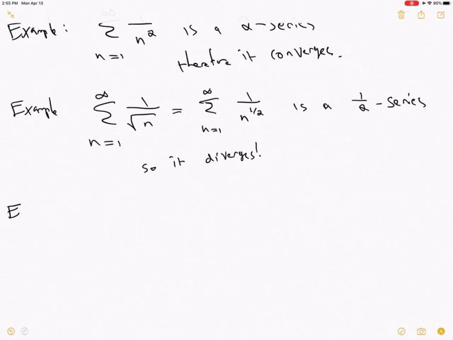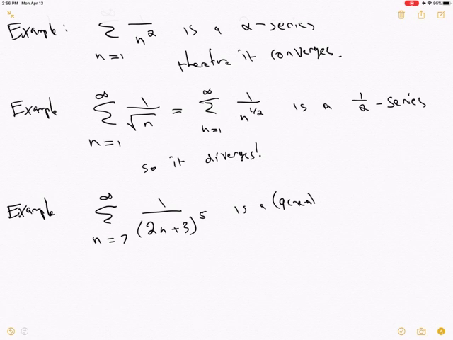And let's do an example of a general p-series. Let's say summation n goes from 7 to infinity of 1 over (2n plus 3) to the 5th power. This is a general p-series, that's okay.